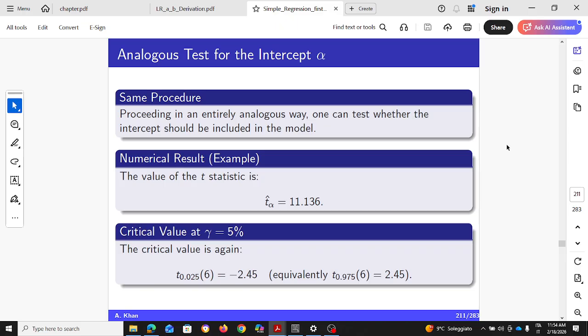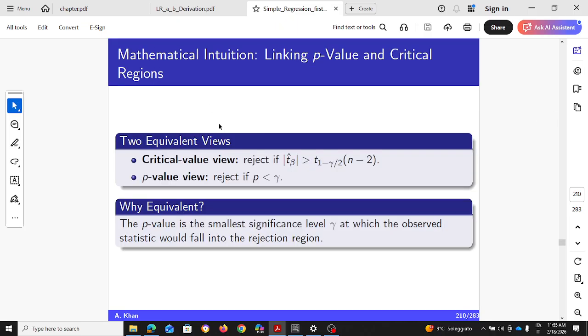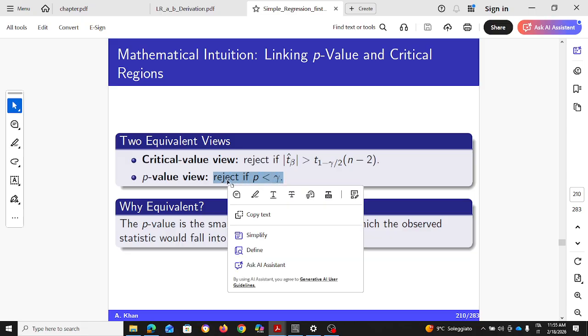So what will be the accepted p-value? 3%, 10%, 20%? This is the condition: if you want to reject the null hypothesis, the p-value should be less than the value of gamma.